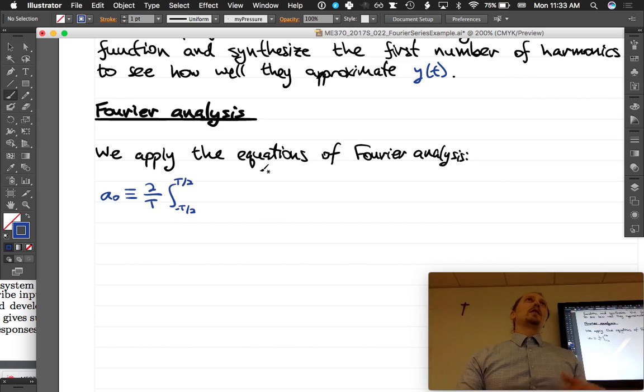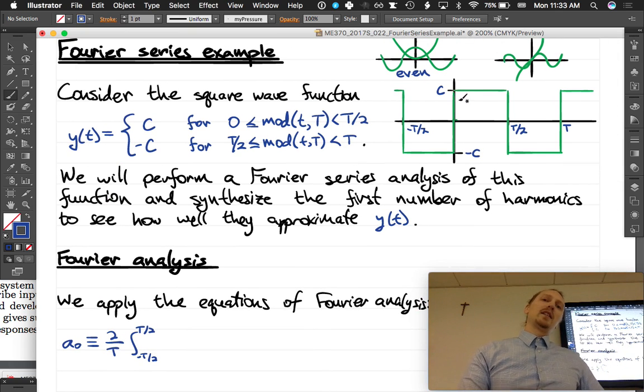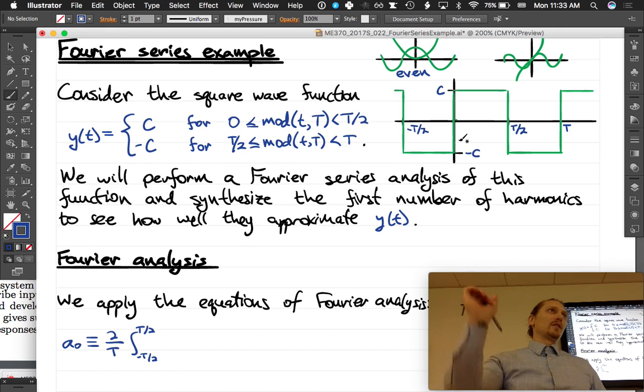Obviously, choose a period that makes sense for integration. So in this case, you can't integrate this. It's not a continuous function, right? So you can't integrate it through this discontinuity without breaking it into an integral over the different regions, right?